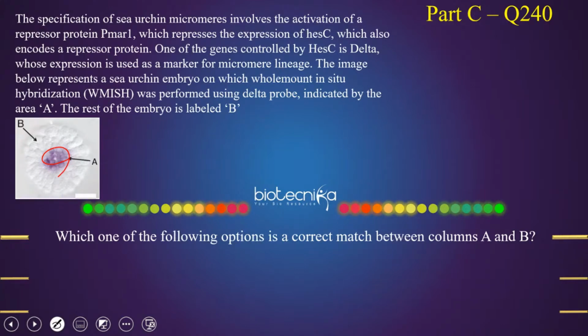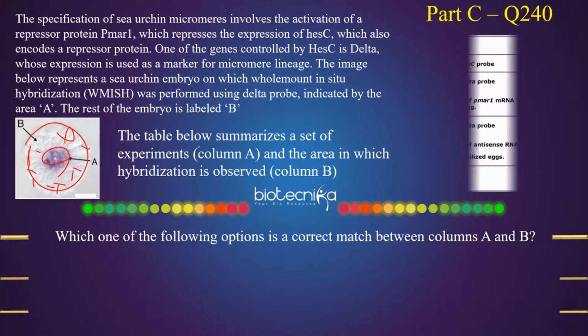In the rest of the embryo, we will not see delta because beta catenin is not there. If beta catenin is not there, PMAR won't be there. PMAR not there means HESC will be present. PMAR was supposed to repress HESC. If HESC is present, it will inhibit delta. So you can't see delta in the rest of the places.